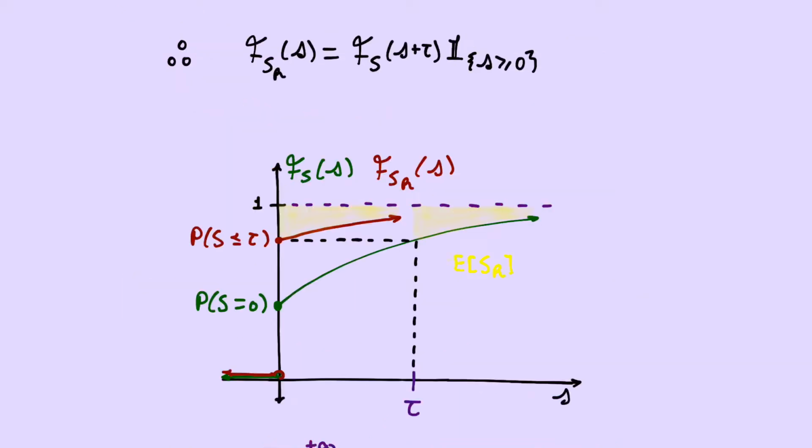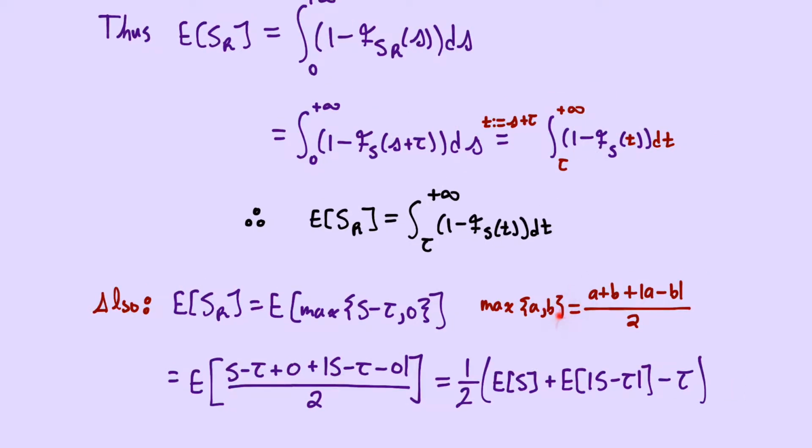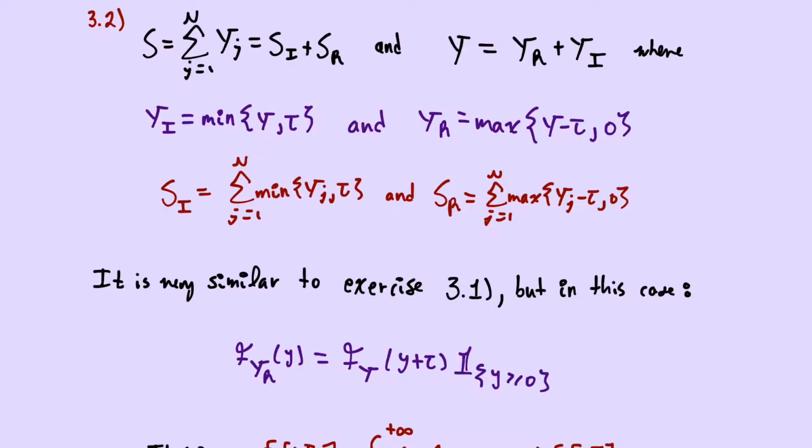You can use, for example, these tricks, and the other trick for the minimum, and using them it is very easy to check that if you define the random variable yi as equal to this, then the random variable yr has to be equal to this other expression, which in this case would be the maximum between y minus tau and 0. So yeah, it makes sense.